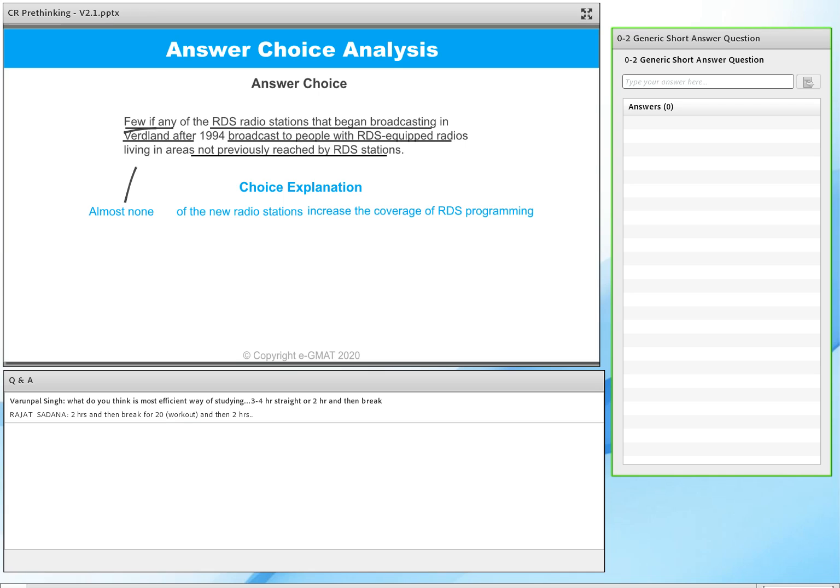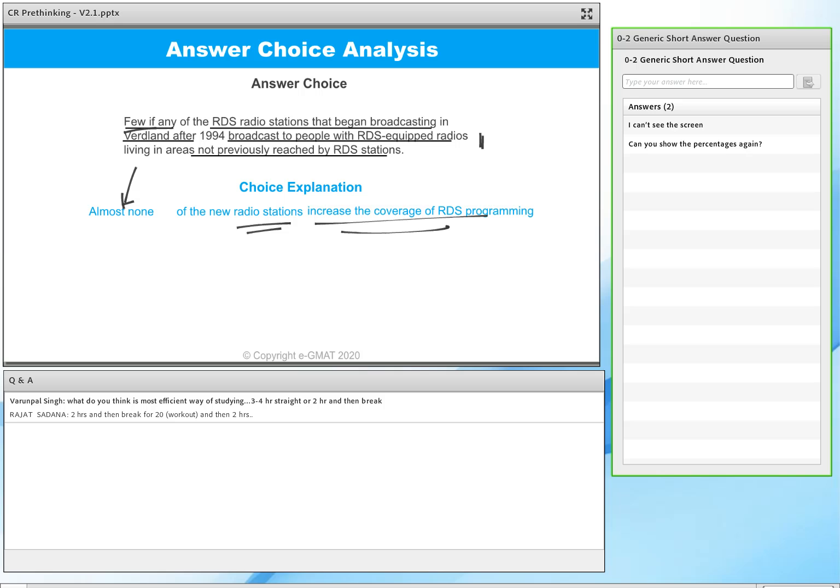Few if any means almost none, of the RDS radio stations that began broadcasting after 94. These are your new radio stations. They broadcast to people who already had the RDS equipped radios but were living in areas that were not previously covered. This is increasing the coverage of RDS programming.